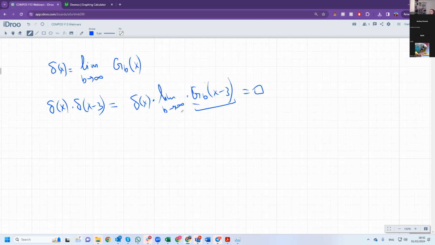If you use this, then you're safe, because this is exactly 0, and this is something finite but not 0. For whichever b you take, the answer is going to be 0.